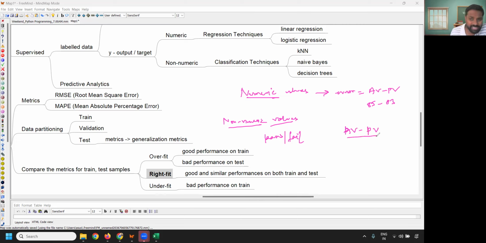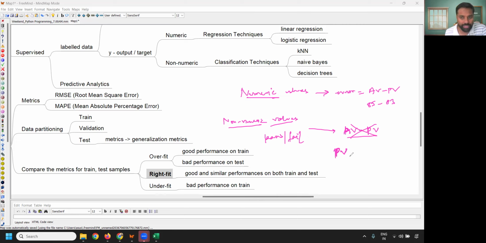It doesn't make any sense, right? If I try to subtract pass minus pass or pass minus fail. Non-numeric data, isn't it? So we cannot use the simple mathematical error calculation here.